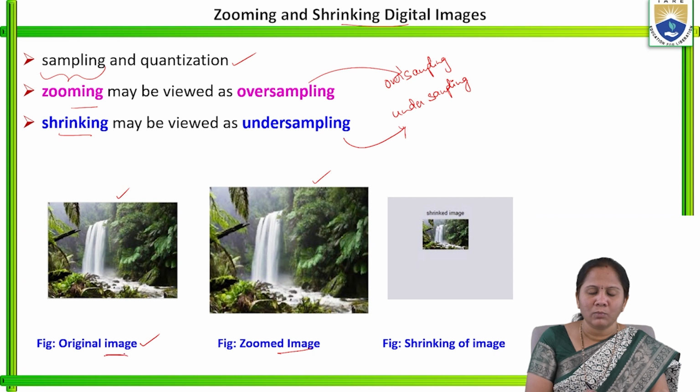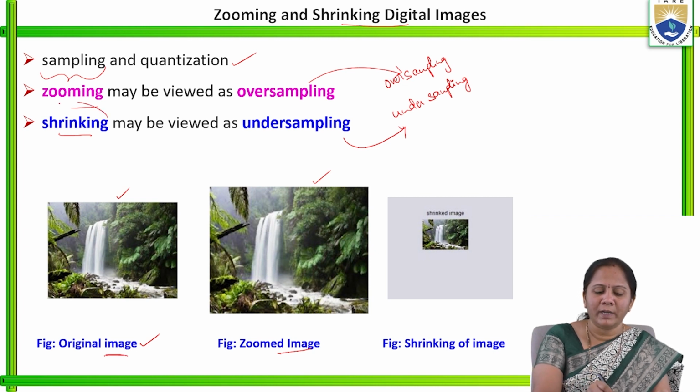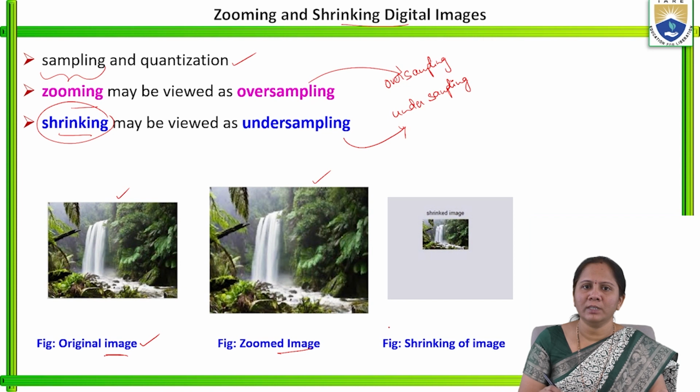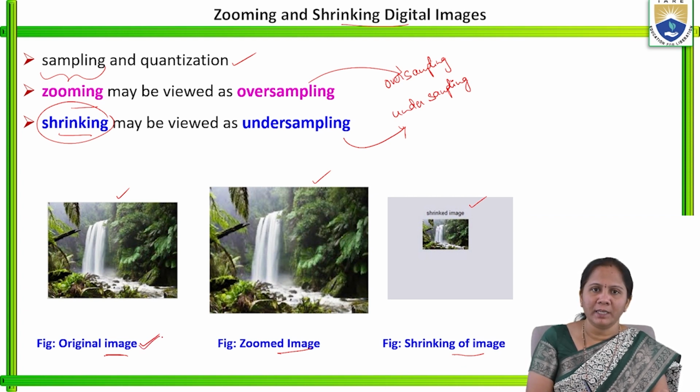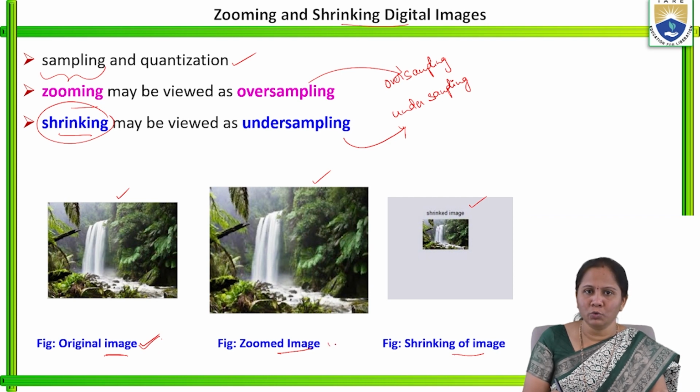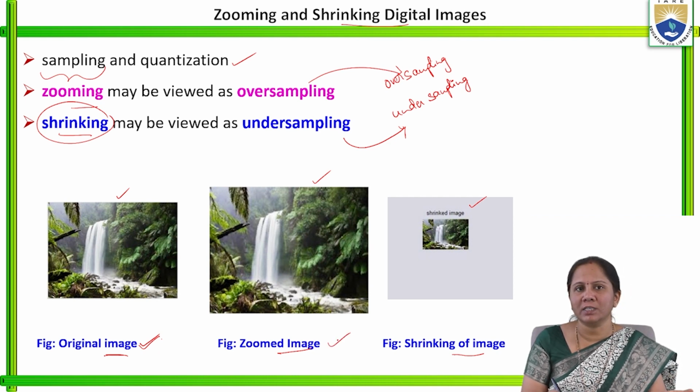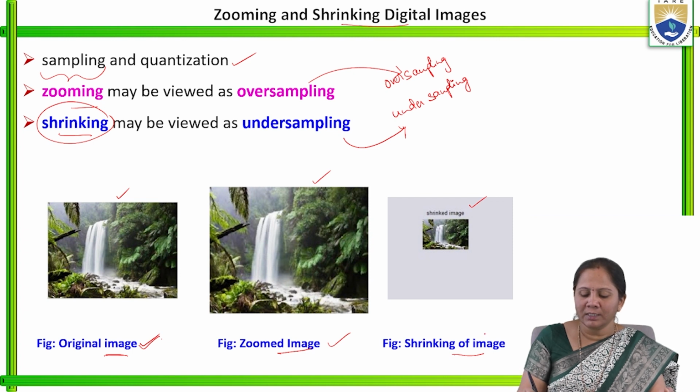Considering the same original image, if you apply the shrinking concept, then the size of the image will be reduced, and it is called shrinking of the image. We can observe the difference. This is the original image. This is the zoomed image; its size has been increased compared to the original image. And this is the shrunk image; its size is reduced compared to the original image.